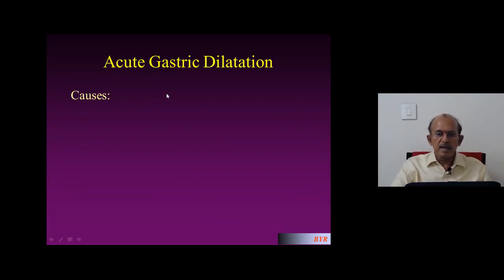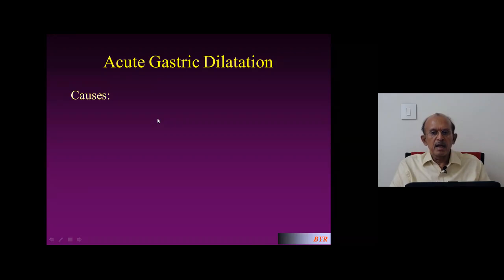The first condition is acute gastric dilatation. Acute gastric dilatation is a form of paralytic ileus. What is paralytic ileus? There will be absence of peristaltic activity of the small bowel.